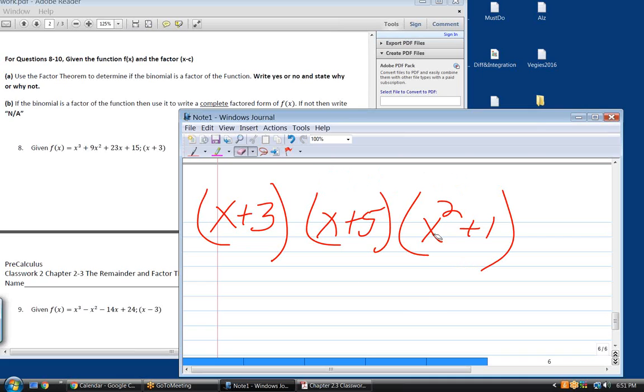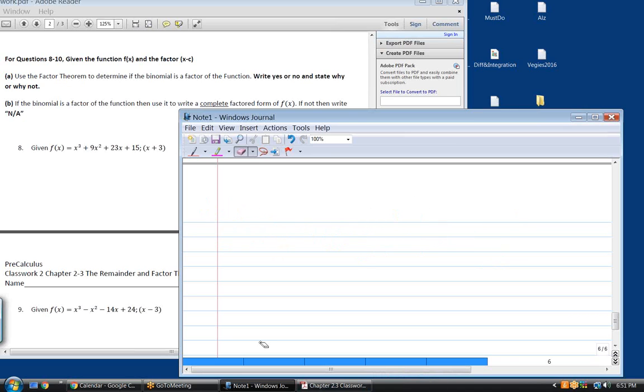So that might be an answer for some of them, as they usually have you take it down to its linear factors and an irreducible quadratic if there is one. Now, of course, if I change that to a minus 1, I can factor that. But as long as that says x squared plus 1, I can't factor it. That's always positive. That expression has no zeros. In general, the problems you're going to probably be looking at here are going to give you three linear factors.